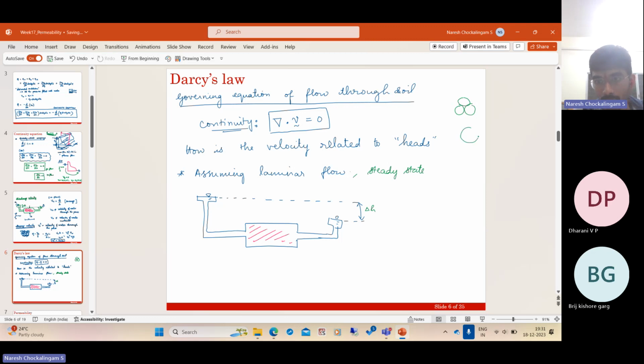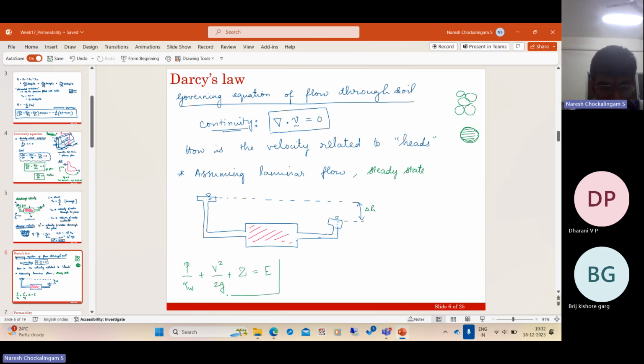If you consider pipe flow, this is water, and only this perimeter is the wetted perimeter. But if you take soil particles, the wetted perimeter is very high, the friction is very high, therefore the velocity head is negligible. So if you write down the Bernoulli equation, the total energy is given by the pressure head P by gamma W plus the velocity head, which is V square by 2g, plus the elevation head, which is Z. This is equal to the total energy. This is the Bernoulli equation.